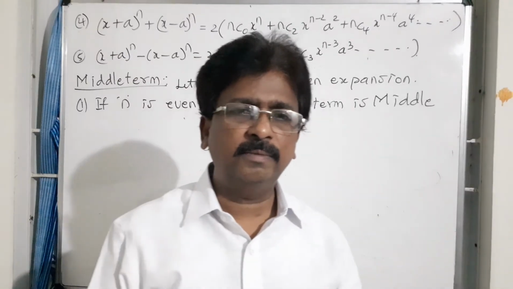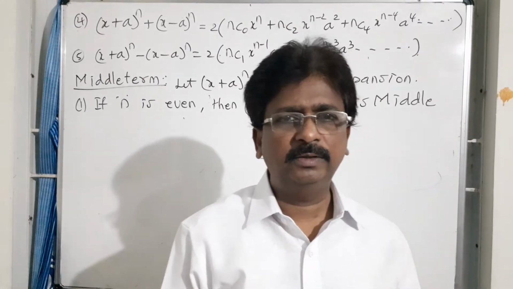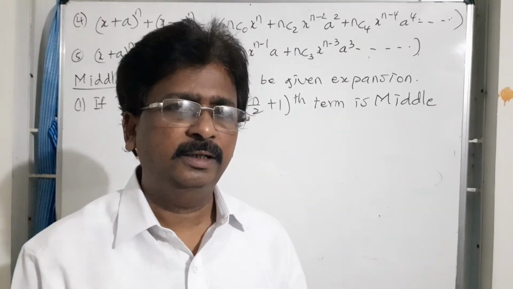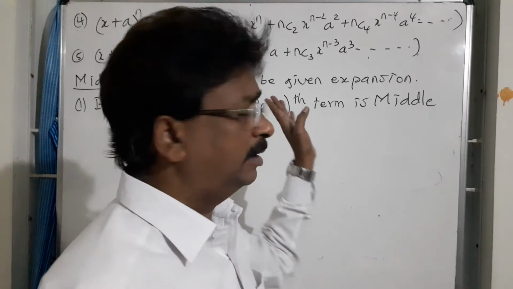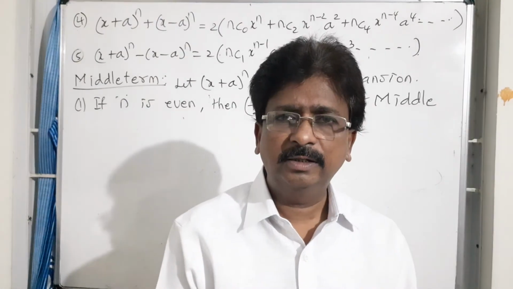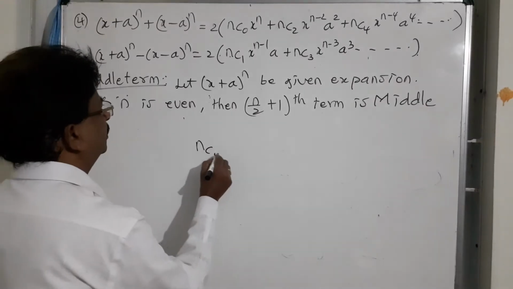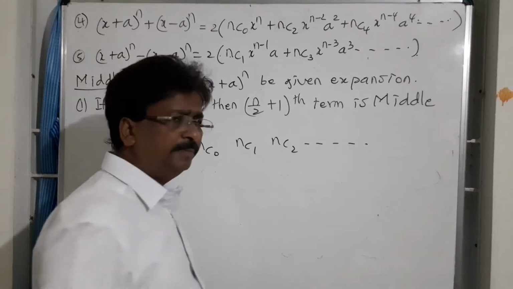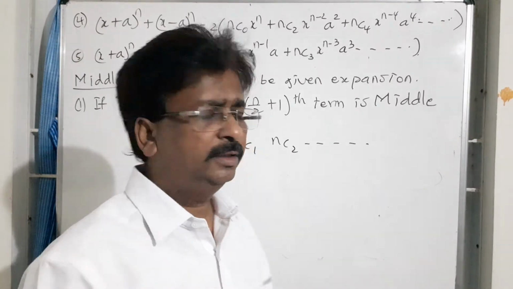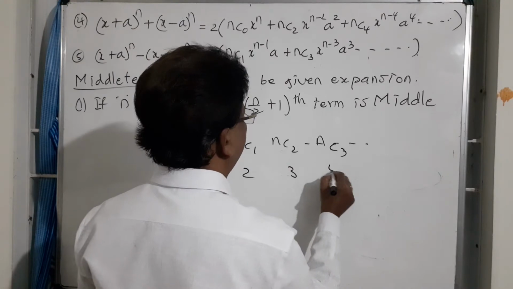Now what is the term value? We have to write nCr x^(n-r) a^r. Now what is the r value here? For the (n/2 + 1)th term, what is the suffix? Observe that in any expansion, nC0, nC1, nC2 and so on, these binomial coefficients will come. This is the first term, second term, third term, nC3 the fourth term.